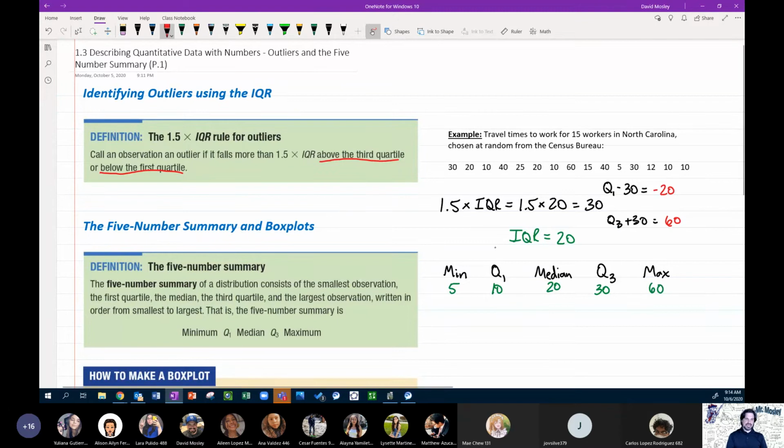So based on this test, we have no outliers, because I have no values greater than 60 and no values less than negative 20. So that's how we use this 1.5 times IQR test. Now, any questions on that?